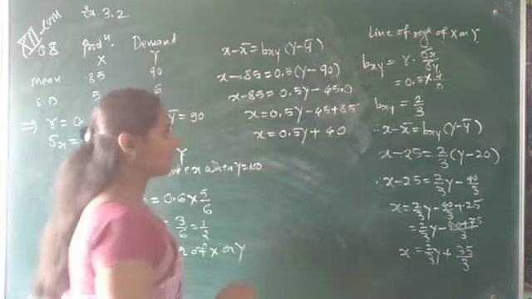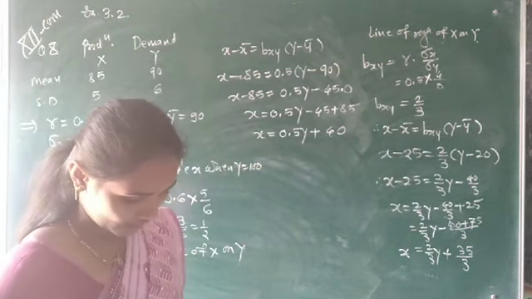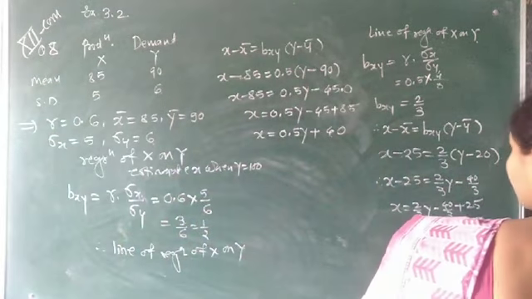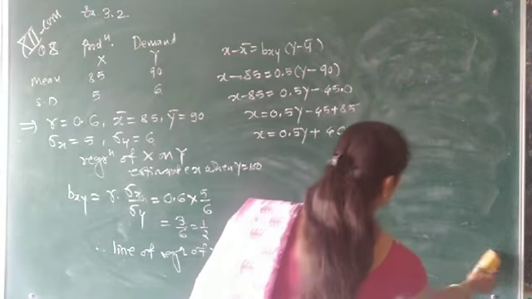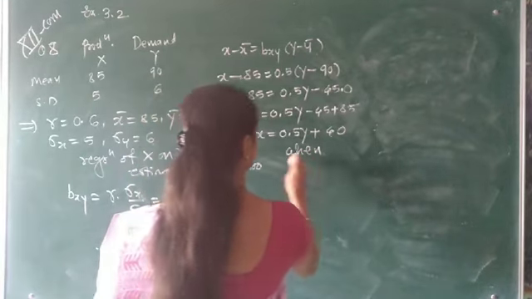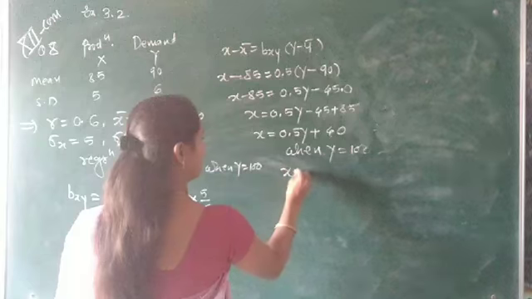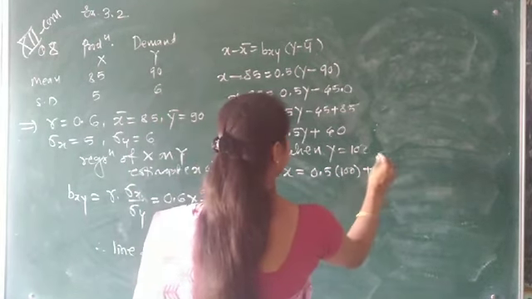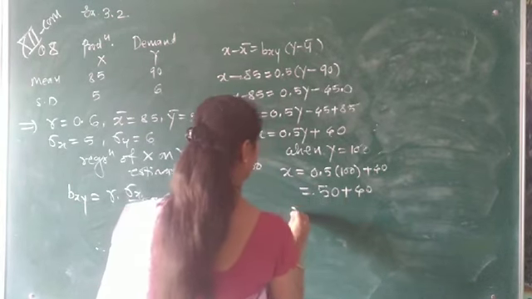So this is the line of regression of x on y, but we have to estimate the production x when the value of y is given, that is the value of y is 100. So when y is equal to 100, the estimate is x is equal to 0.5 into 100 plus 40. So if we divide this, then it becomes 50 plus 40.